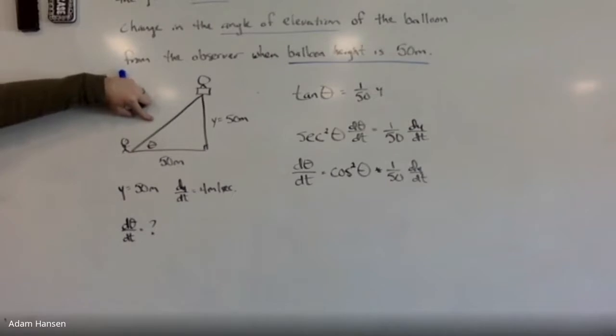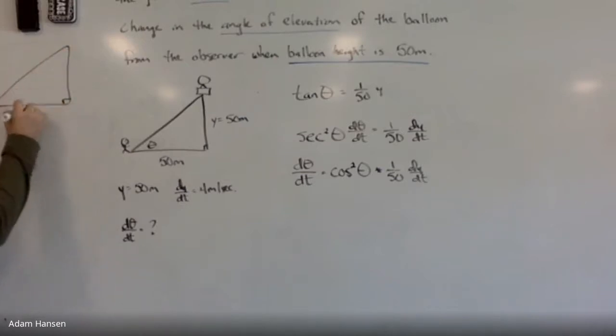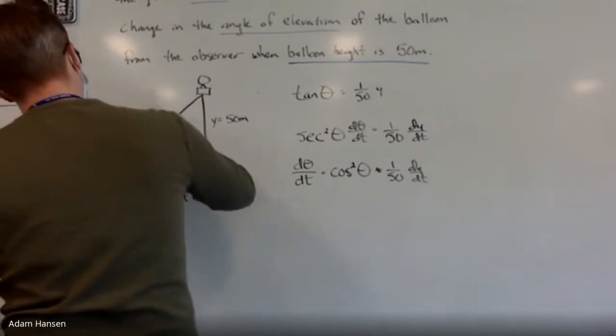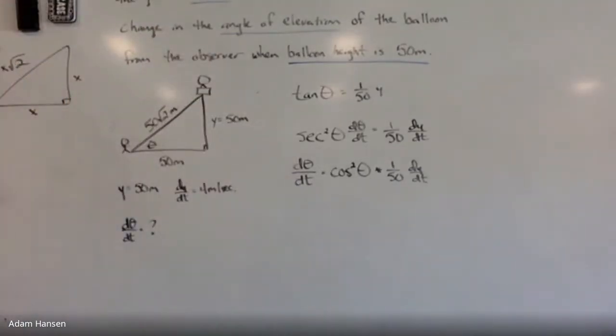You can always fall back to Pythagorean theorem, but we can save some time by remembering that this is a special right triangle, the 45, 45, 90 triangle. If the two legs of the triangle are the same, the hypotenuse is the length of the leg times an extra root 2. Does that sound familiar? No, it's been a year since you had your trick, Mr. Alexander. So this would be 50 root 2 meters, that you would find using Pythagorean theorem anyway.